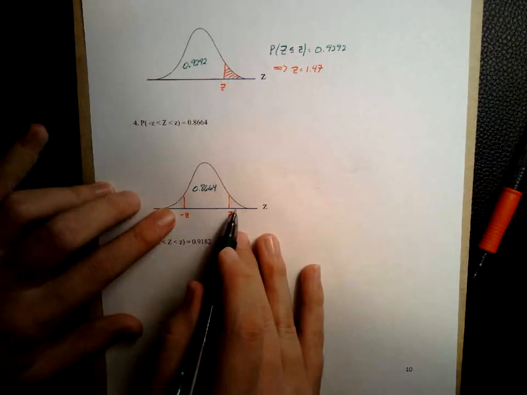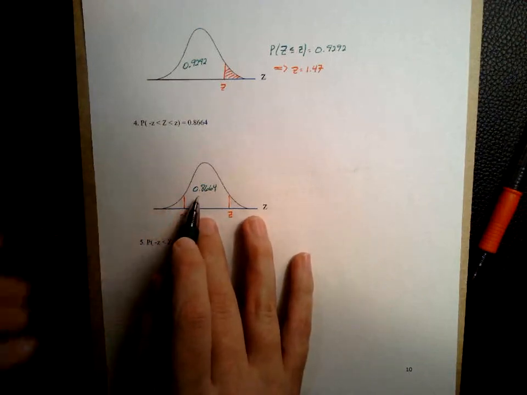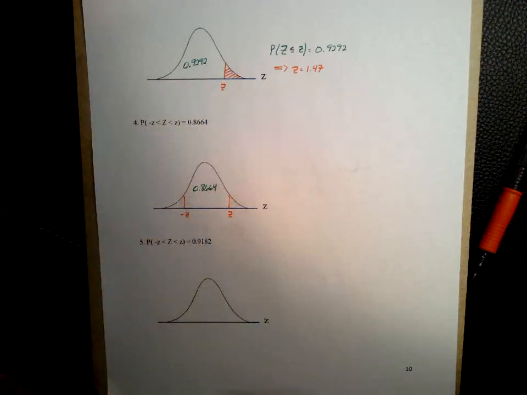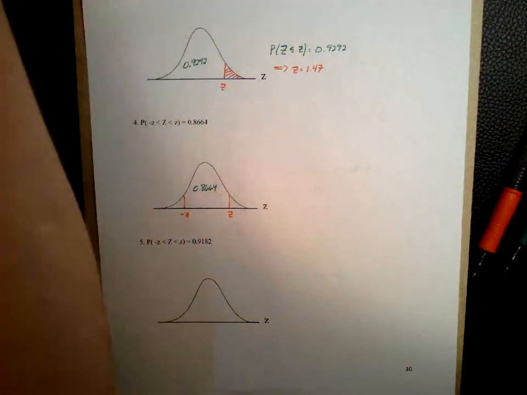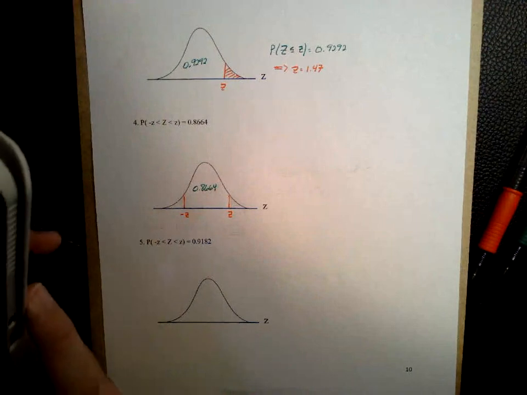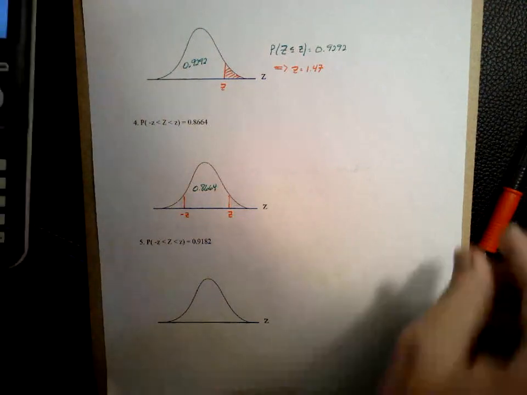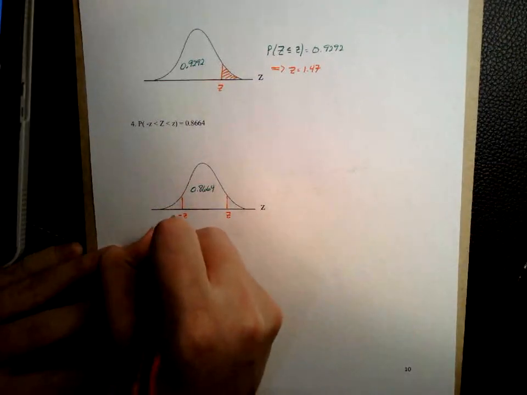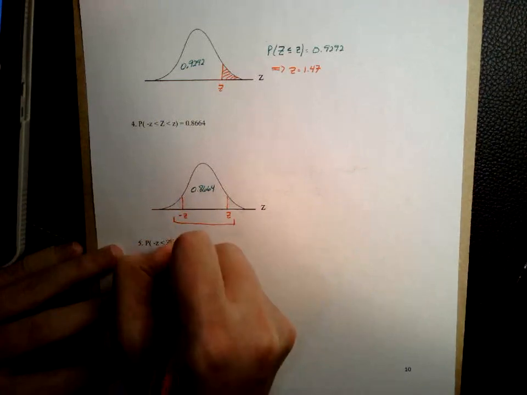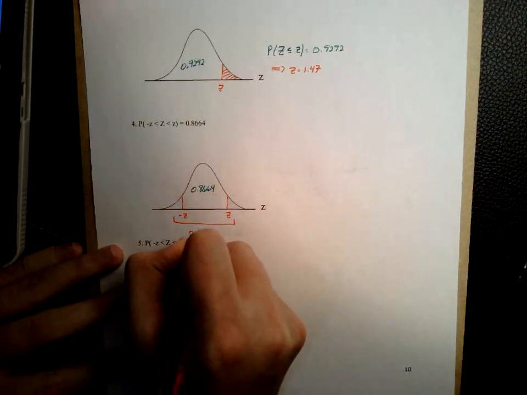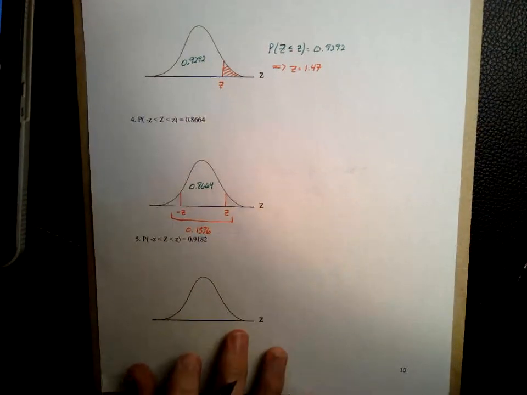Then, in these two tails added together, we should have 1 minus this area remaining. And that remaining area is what? Let's look at 1 minus 0.8664. And that means in these two tails here, the total area is 0.1336.